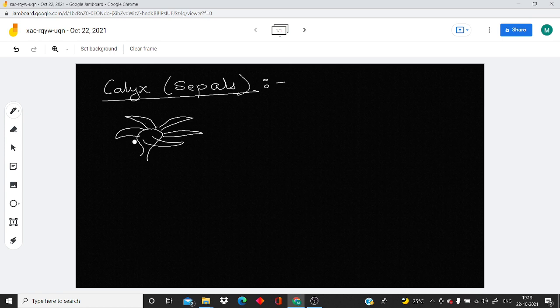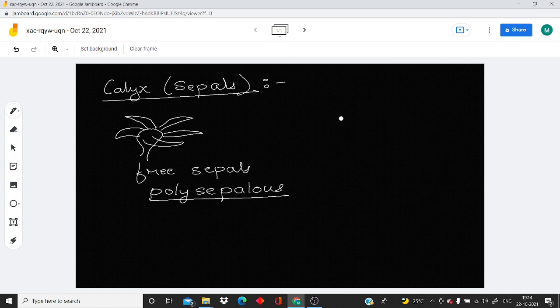They are all free, is it not? So it will be called free sepals. Scientifically, the botanical name is polysepalous. This is the scientific term that we use for free sepals. Those flowers which have sepals like this will be called polysepalous.